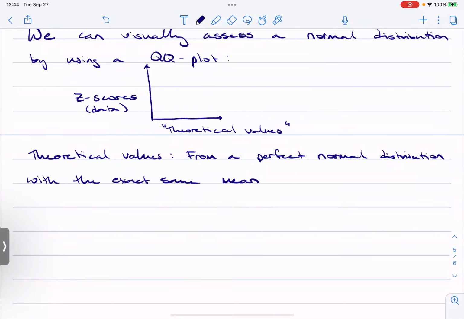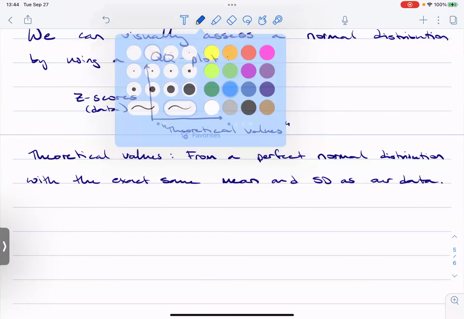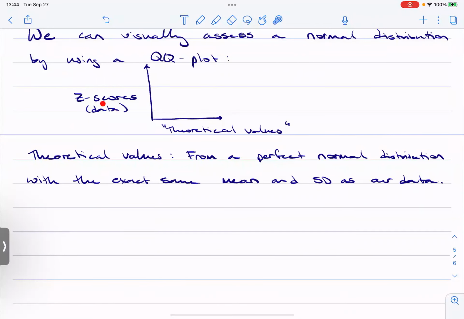So it's really just checking: what if I take that information, create a perfectly normal distribution, and then plot it against my raw Z scores?